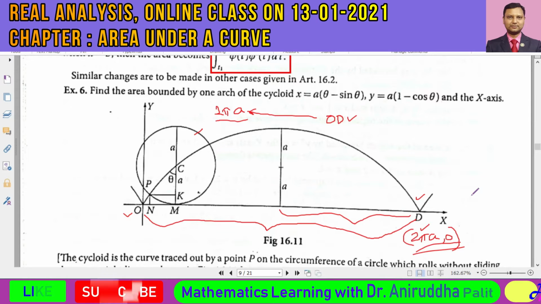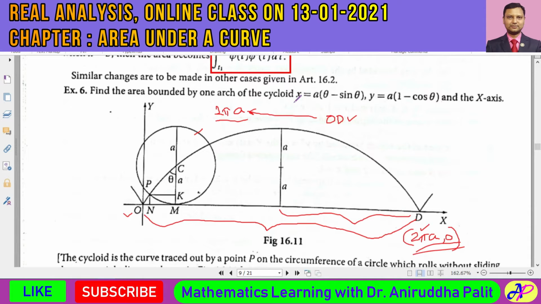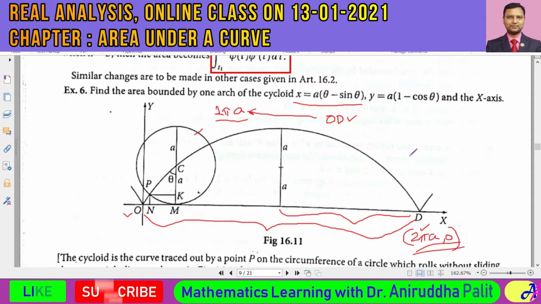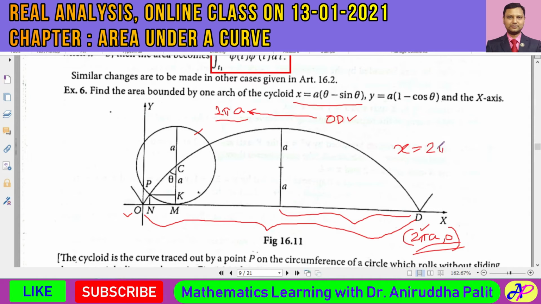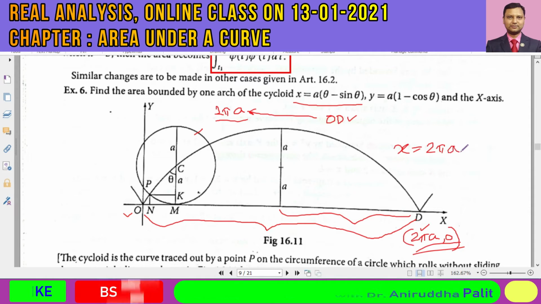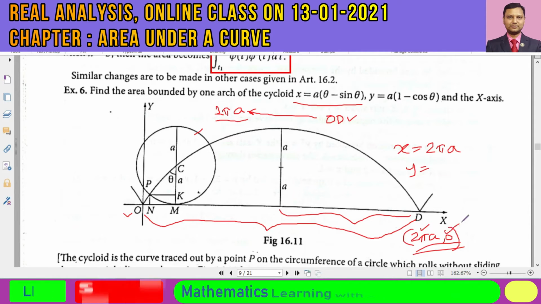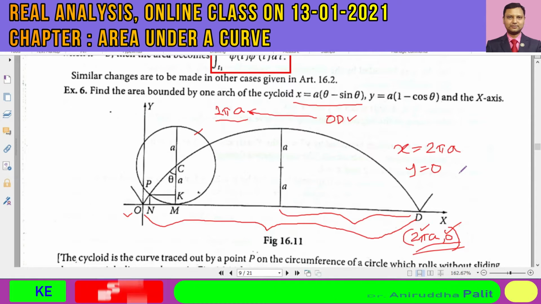In order to find the answer to this question, you see, if we put over here x equal to twice pi a, and y equal to, what is y? The y coordinate of this point is equal to 0. So we are putting y equal to 0.